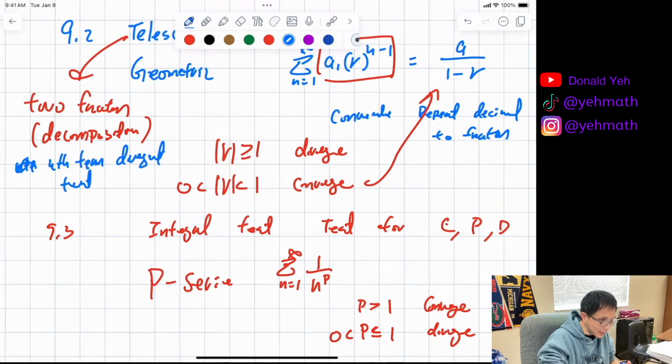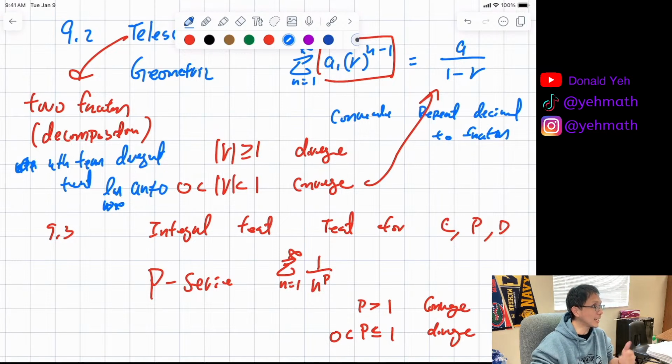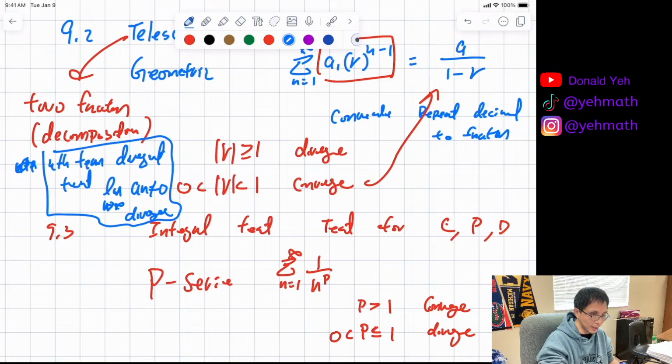This one only tests if it diverges. So if the limit as n approaches infinity of a_n is not equal to 0, then it diverges, right? This is a very good test. Immediately you can tell if the series diverges or not. Very, very useful.